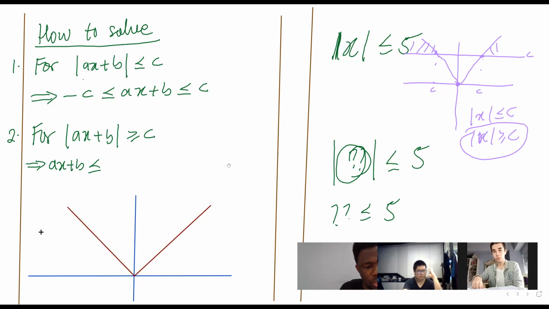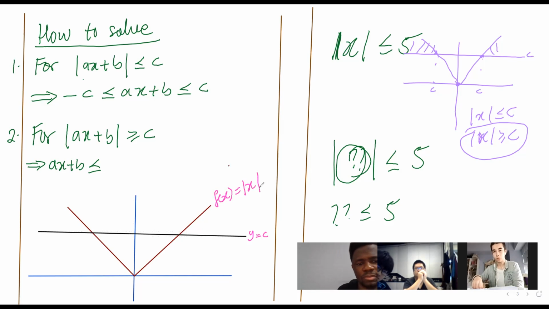Now, this is the line y is equal to C. This is the graph f of x equals absolute value of x. So when we are talking about case 1, we are talking about this region. The first case is this region.